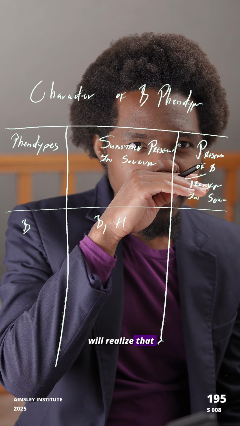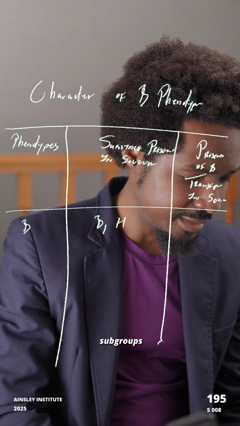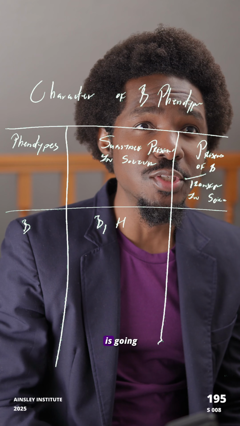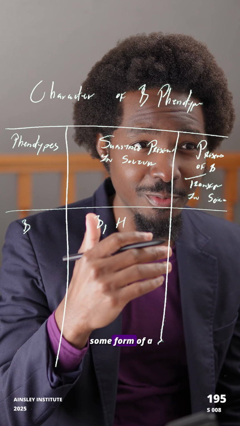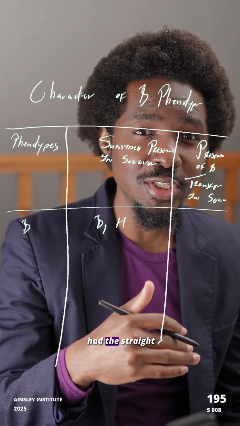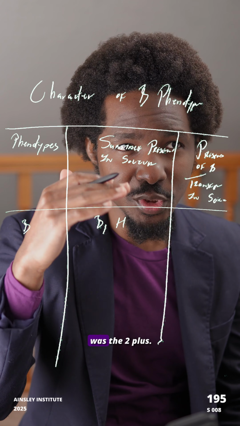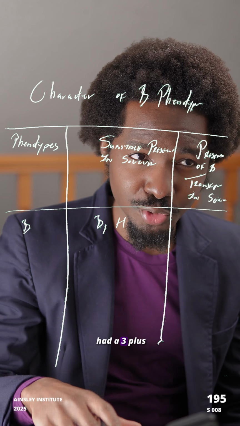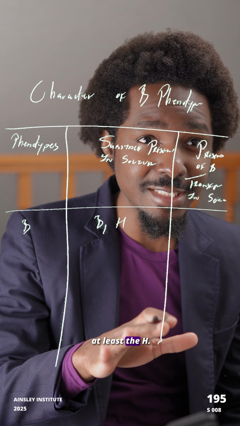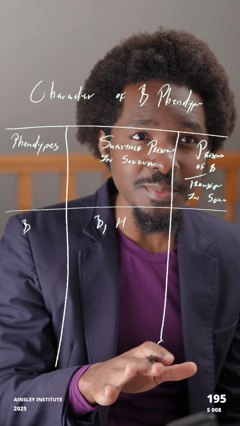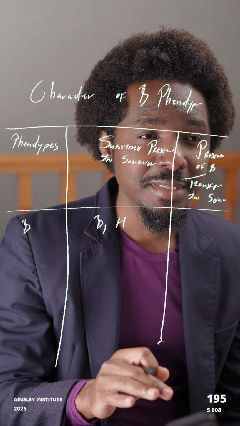And you'll realize that for all of these subgroups, there is going to be the H, because with the anti-H we had some form of a reaction. The B had straight B had the weakest reaction, which was a 2+, and the others had a 3+ reaction. So all of them we're expecting to find at least the H. So just bear that in mind. All right.